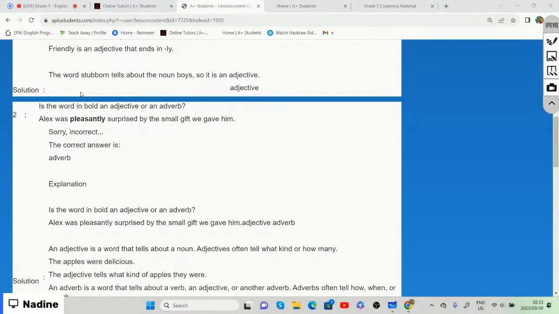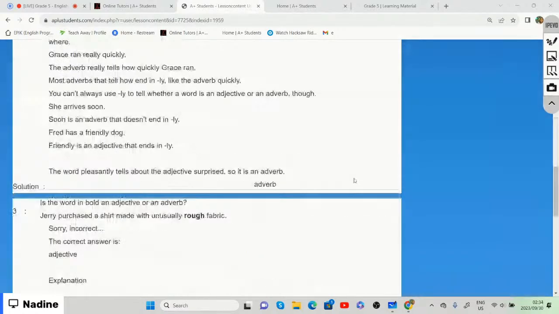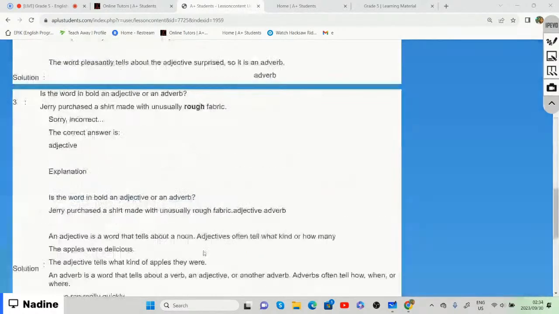So if he was pleasantly surprised, right? Then we can say it is an adverb. He was shocked, surprised. It's an adverb.